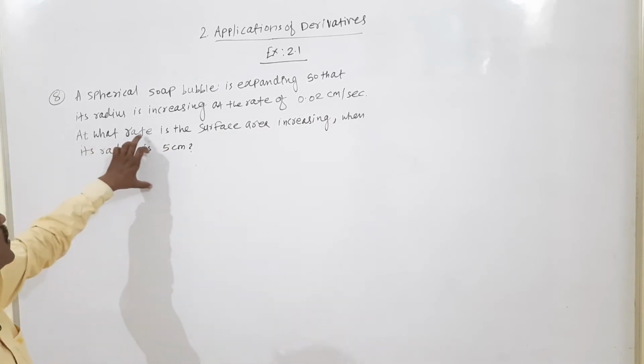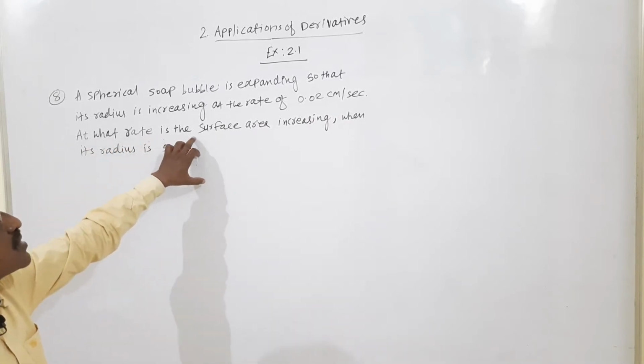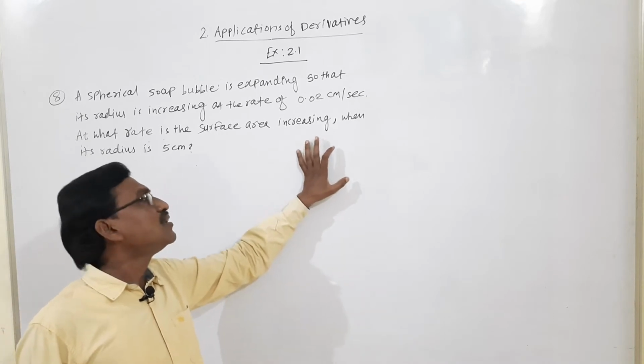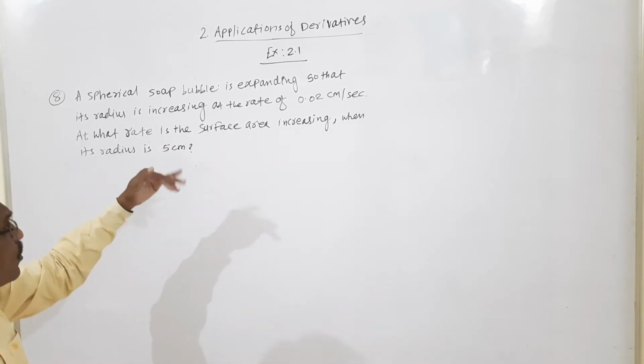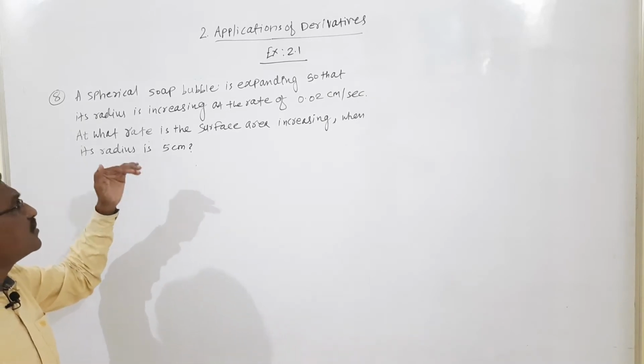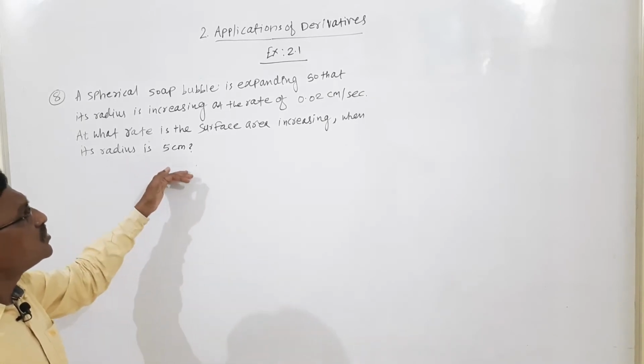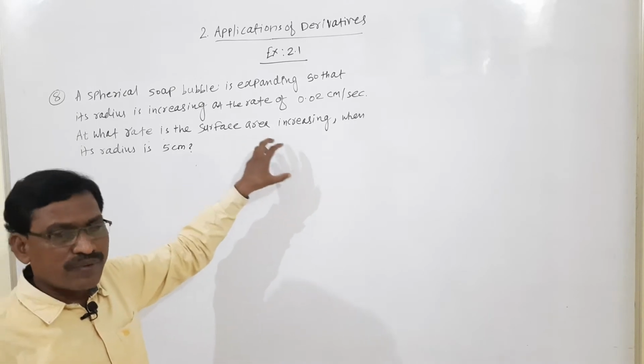At what rate is the surface area increasing when its radius is 5 centimeter? So we have to find the rate of change of surface area with respect to time.